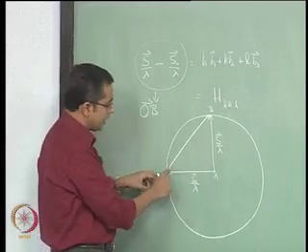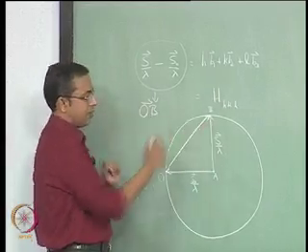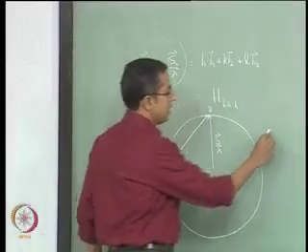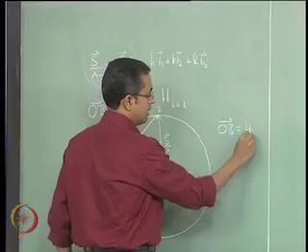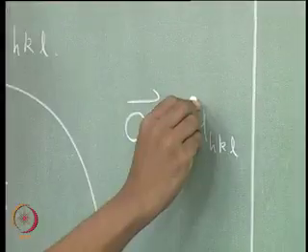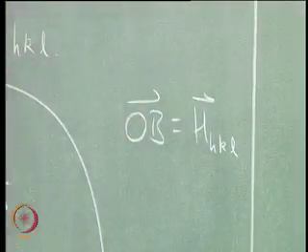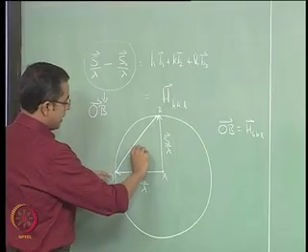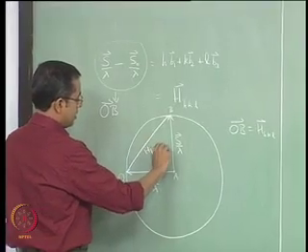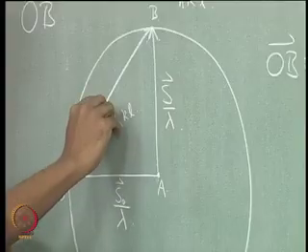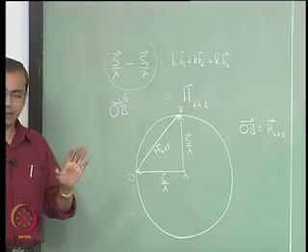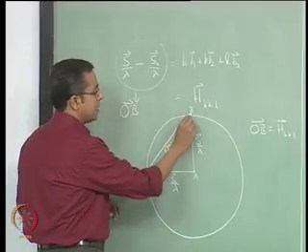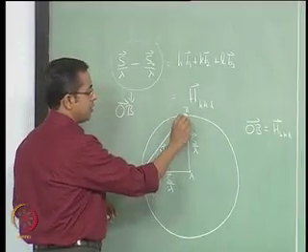That difference is this vector OB. Therefore diffraction occurs when OB equals HHKL. In other words, this has to be an HHKL vector. What does that mean? That means there is a valid reciprocal lattice point here at this point.